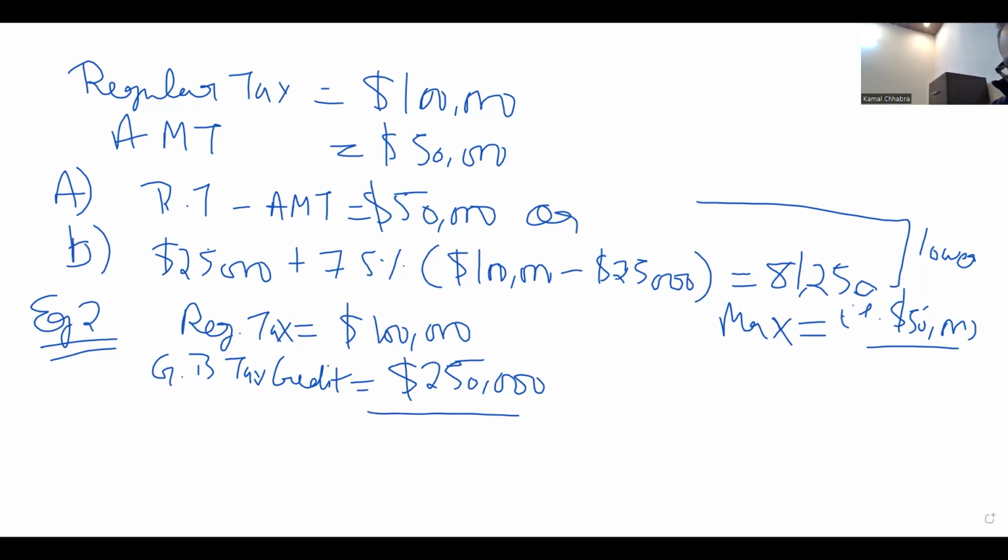In this year, you can consume a maximum of 100,000, so your carry forward will be $150,000. That means you have more tax credit than the tax liability payable by 150,000.